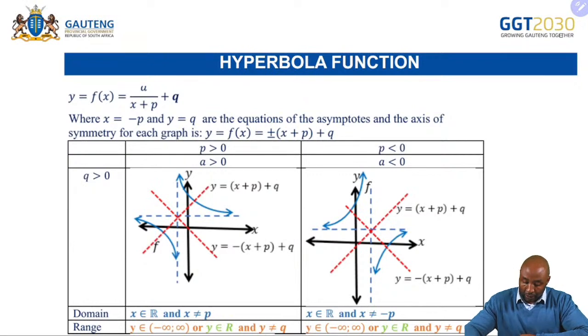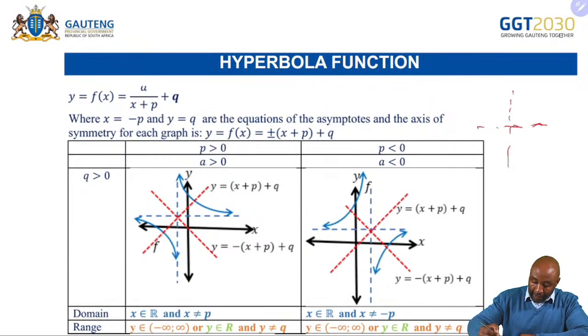If our p is positive, it means our vertical asymptote will be on the negative side of our x-axis, and our horizontal asymptote, if q is greater than 0, will be positive. We form the 4 quadrants from the asymptotes.